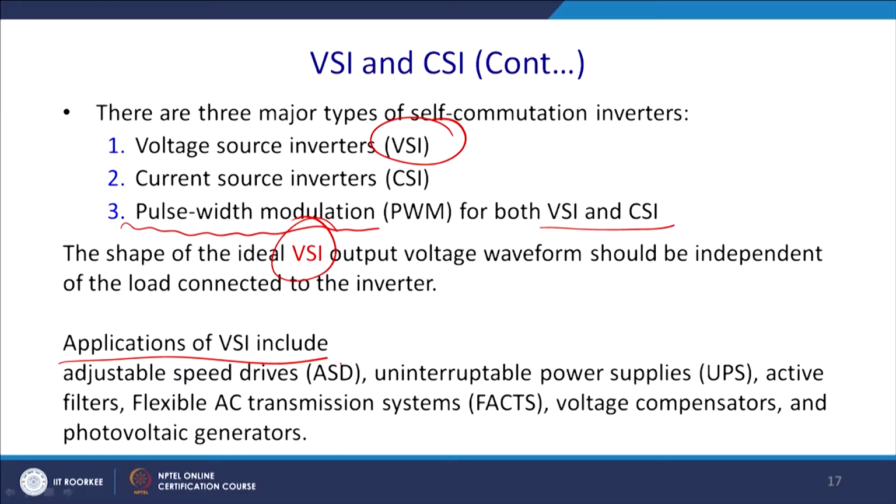But if we require an adjustable speed drive with a wide range of variation, like modern lifts and elevators, then what should we do? We require a power electronics supply that will give us variable voltage and frequency. So there the VSI finds its applications.